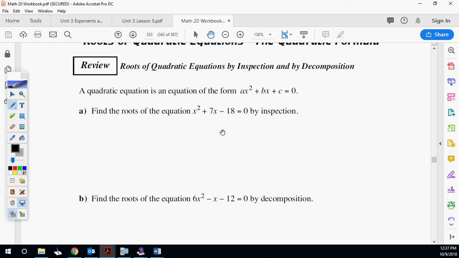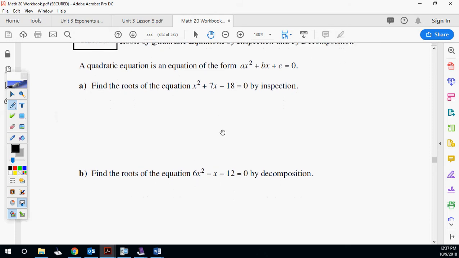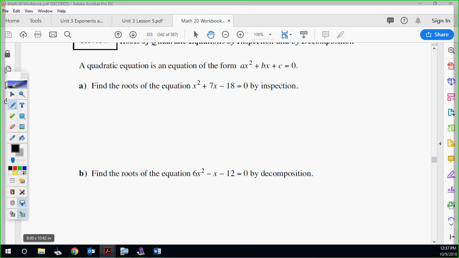So roots of the quadratic equation by inspection and by decomposition. So find the roots by inspection here. So -18 and 7. Is there any factors in -18 that gets me 7? Okay, +9, -2. So we could factor that one, so we're good.